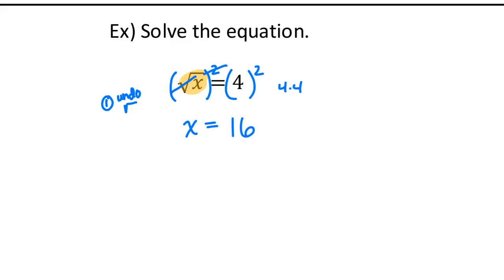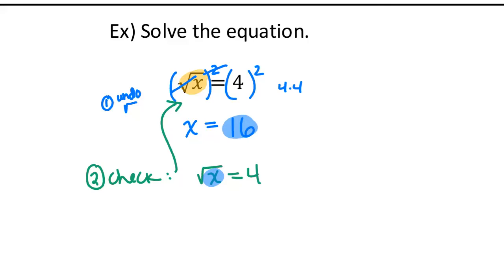Our next step is to then check it. So we're going to now check your solution by plugging it into the original equation. Check by plugging it into the original equation. I had the square root of x equals 4 as the original equation. So I'm going to plug in my x value, which was 16.